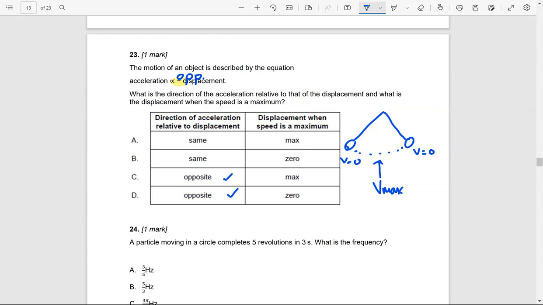It doesn't matter whether it's a spring that's going up and down. As it passes through the center, that's where you have the maximum speed. In other words, the displacement, the distance from the equilibrium, is 0. So it's going to be D.